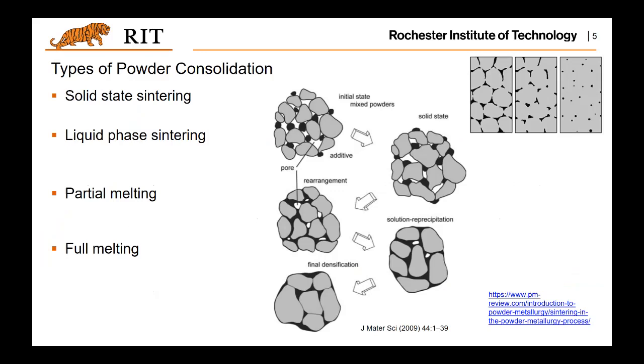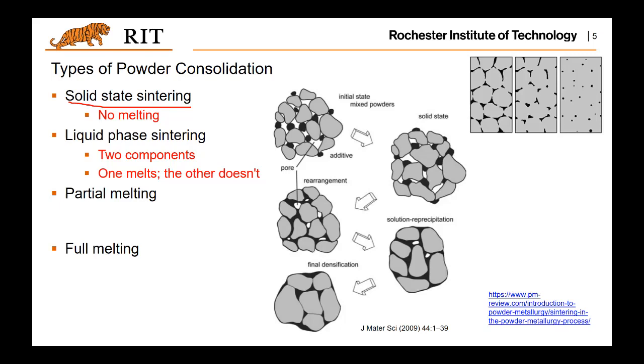And there are different powder consolidation mechanisms. One is solid state sintering, where no melting happens, so basically there will be bonding between the particles. There could be liquid phase sintering, where two components coexist: one is the solid particle, another is the liquid state particle.